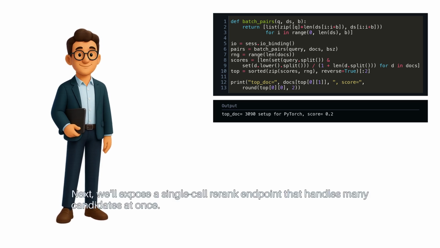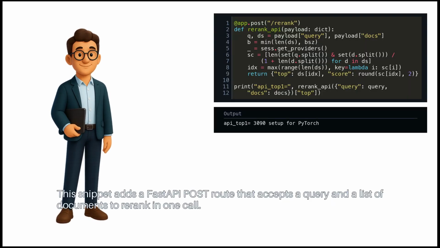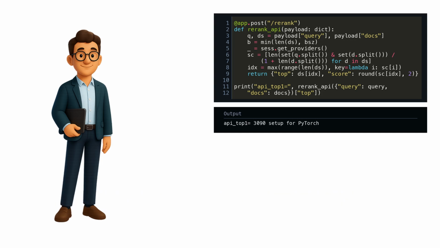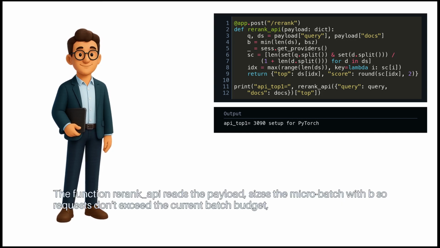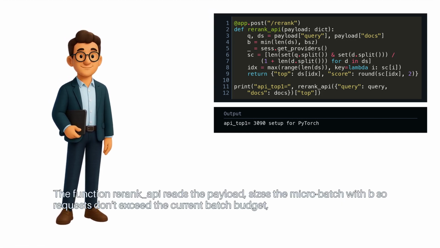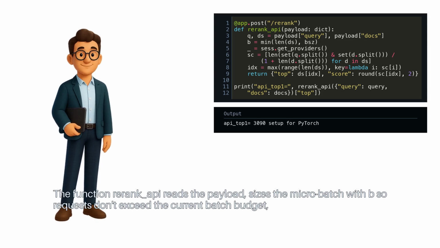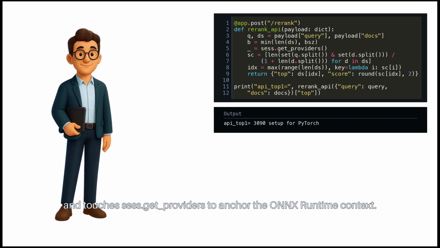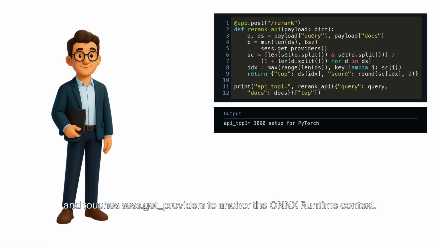Next, we'll expose a single-call rerank endpoint that handles many candidates at once. This snippet adds a FastAPI post route that accepts a query and a list of documents to re-rank in one call. The function rerank_api reads the payload, sizes the micro-batch with B so requests don't exceed the current batch budget, and touches ort.get_available_providers to anchor the ONNX Runtime context.